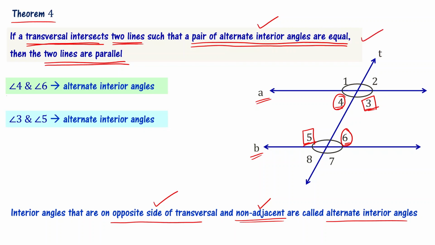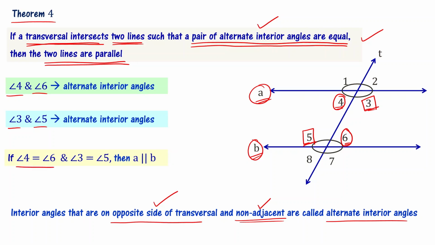If angle 4 is equal to angle 6 or angle 3 equal to angle 5, ఈ రెండిట్లో ఏదైనా ఒకటి మనకి ఈక్వల్ అని తెలిస్తే కనుక then we can simply say that line A is parallel to line B అని చెప్పేయచ్చు అని చెప్తుంది. If angle 4 equal to angle 6 and or angle 3 equal to angle 5, then line A is parallel to line B. This is what the theorem is saying. Okay, you understood?